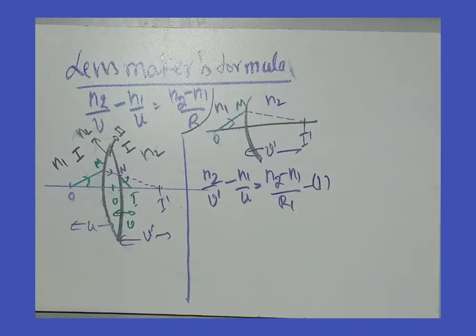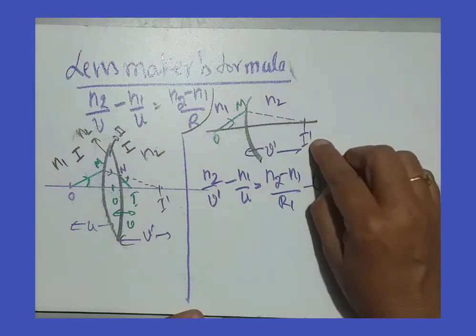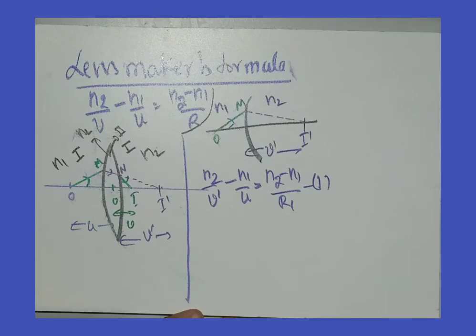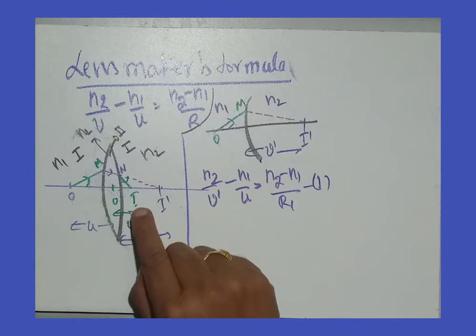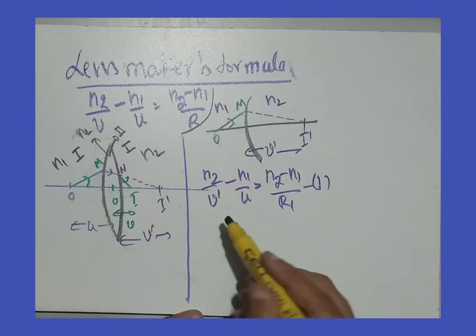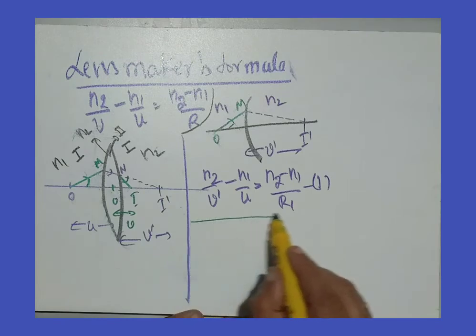Next, this I dash acts as an object for the right side surface, and it forms a final image I in the medium of refractive index n1, that is in the surrounding medium. In that case, I can simply write this formula with these things.